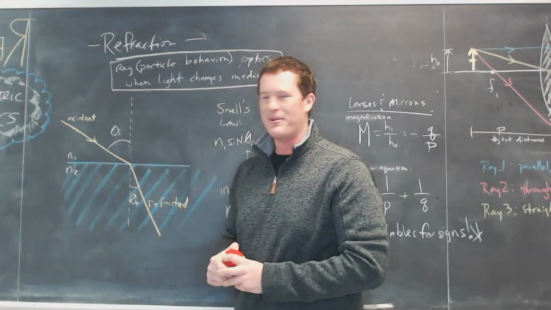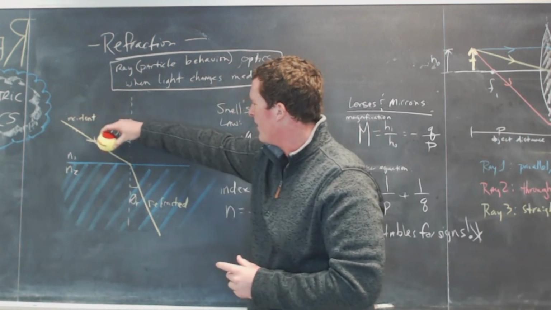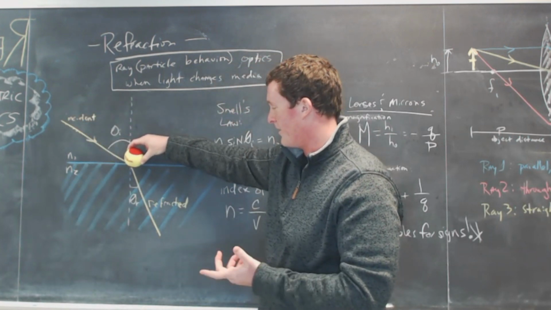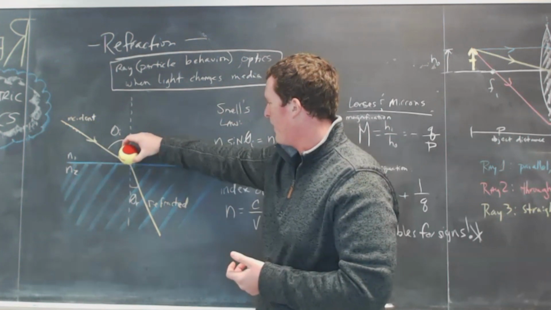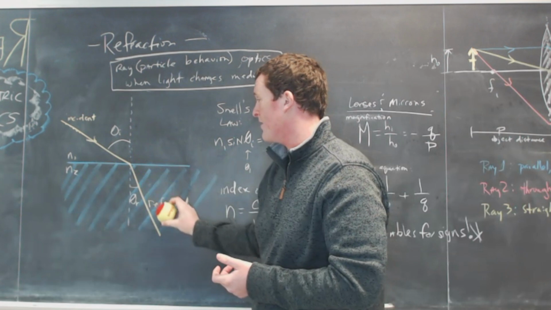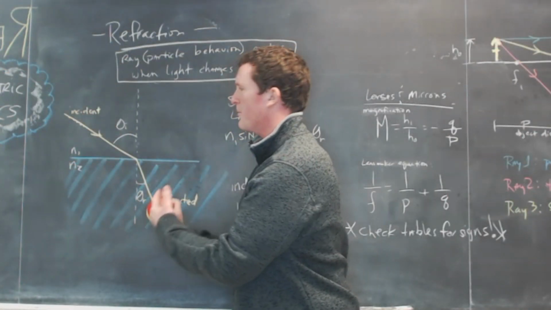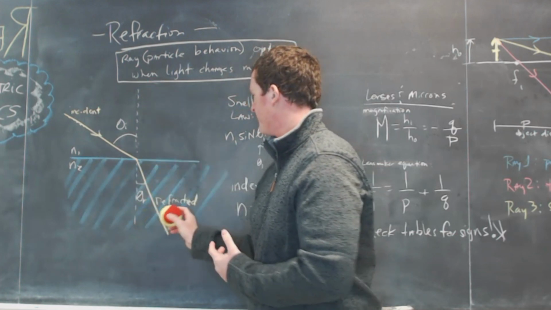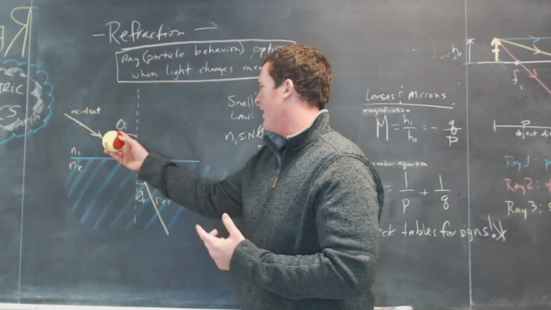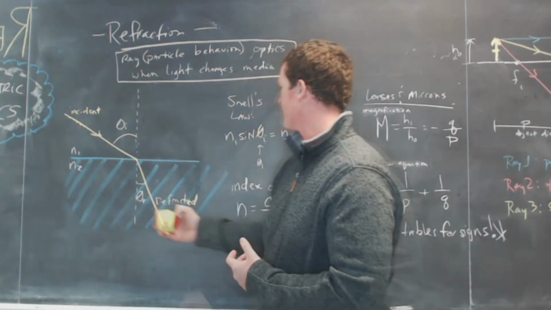All right, so in this case, we have our ball again, and if a particle of light comes in and hits a certain medium, in this case glass, it will slow down and change its angle. Since it slows down, it has to come in towards our normal line. Therefore, the angle of incidence will not equal the angle of refraction.